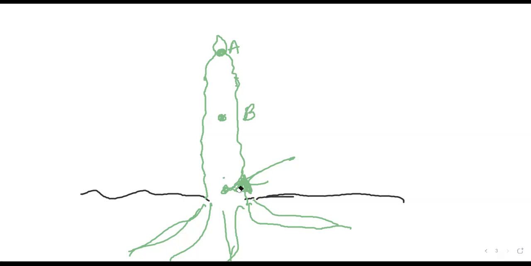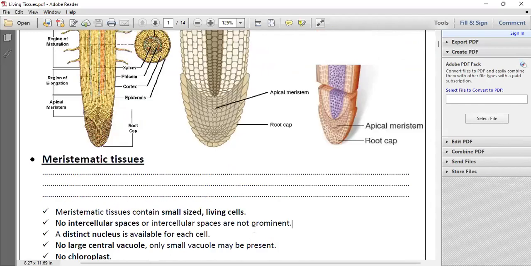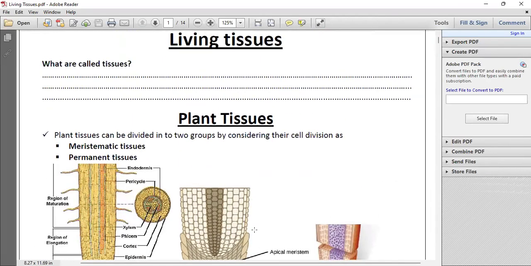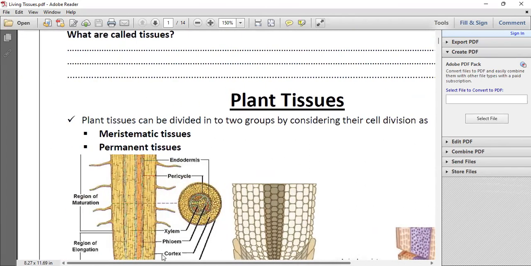Now just tell me, these tiny cells called meristematic cells are responsible for cell division. I told you that they are not permanent cells. When you talk about these two, permanent cells and meristematic cells, which tissues do you think should be strong?